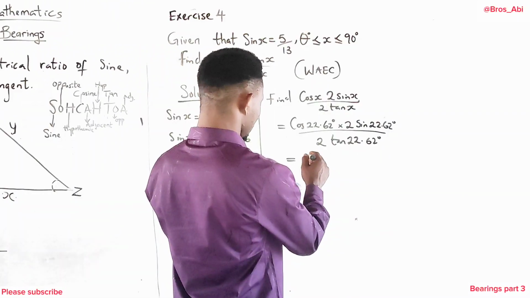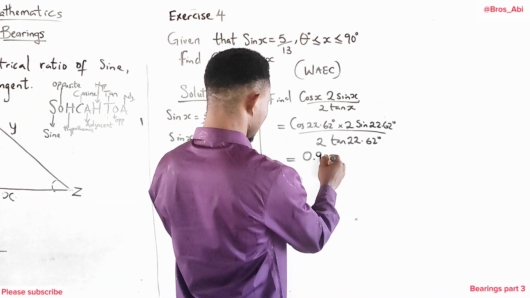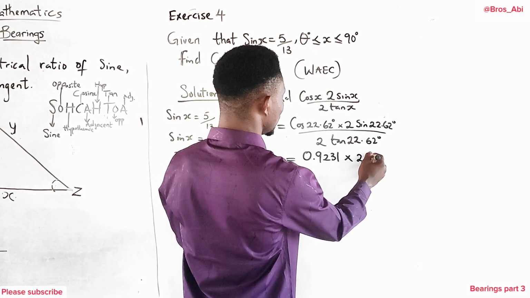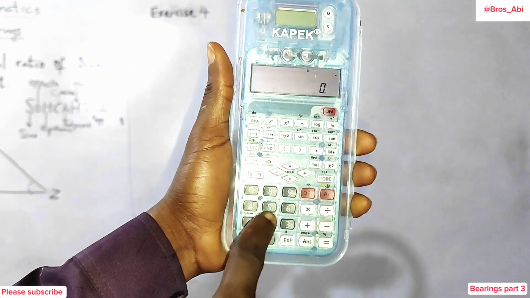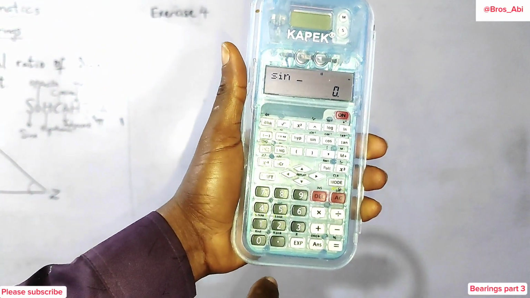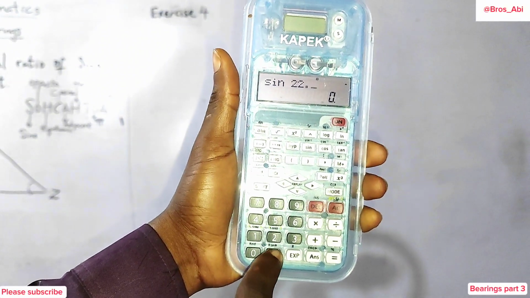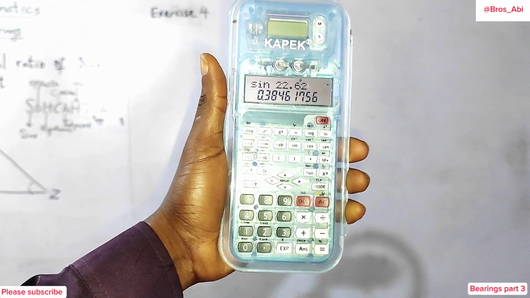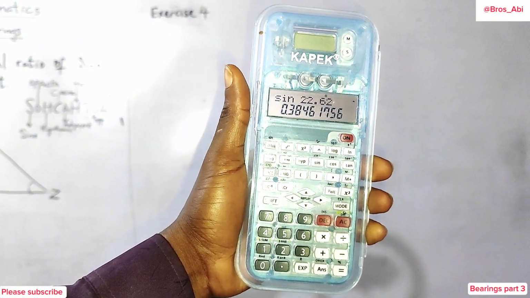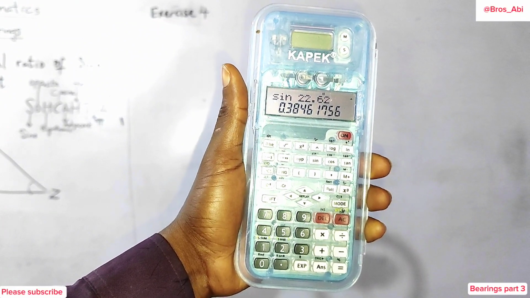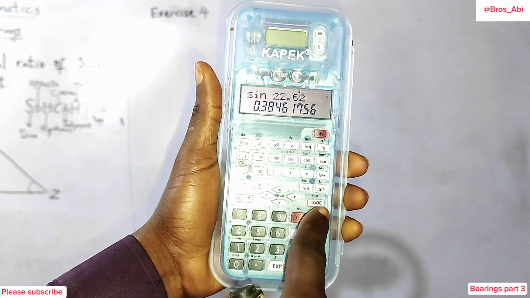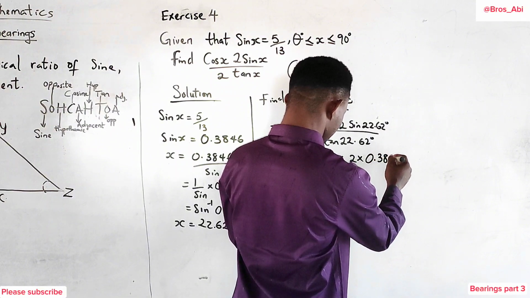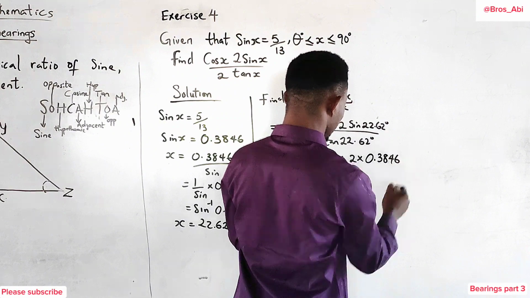So 0.9231 times 2 times sin 22.62 equals 0.3846.